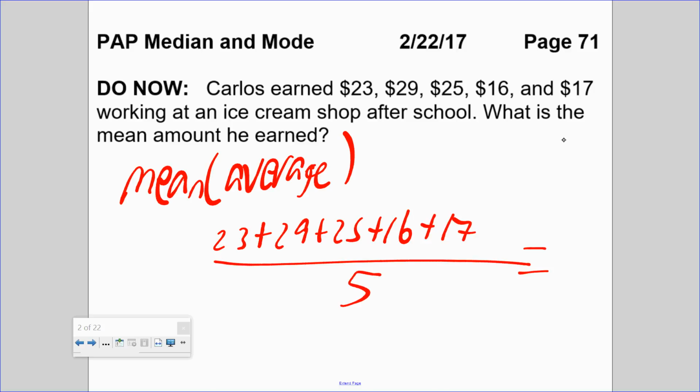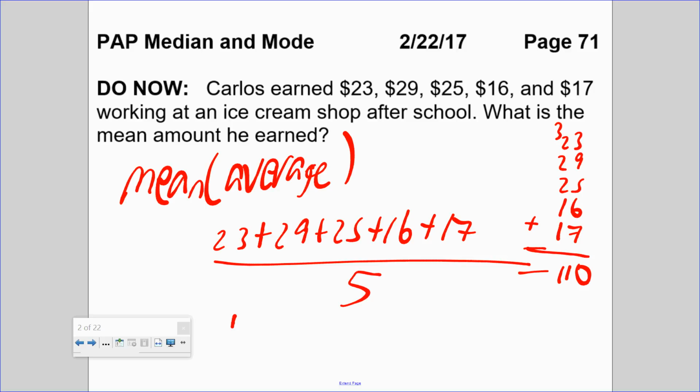So if you add these numbers up, 23, 29, 25, 16, 17, let's see, that's 12. 12 plus 5 is 17. 17 plus 6 is 23. 23 plus 7 is 30. Carry the 3. That's 5, 6, 7, 8, 9, 10, 11.